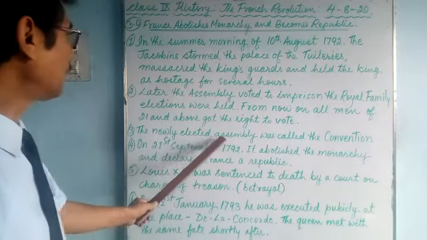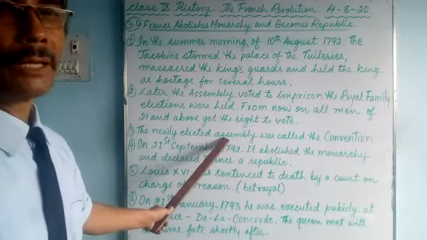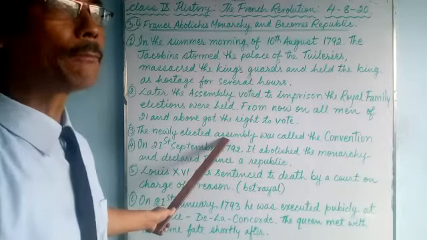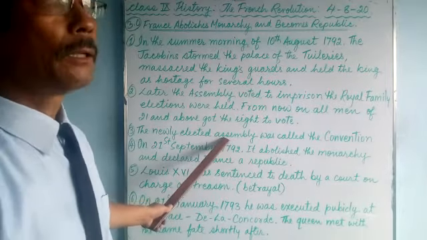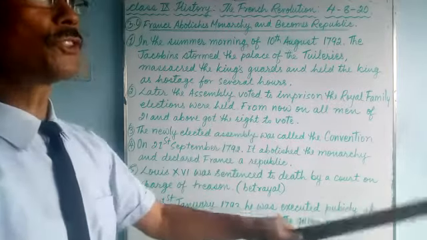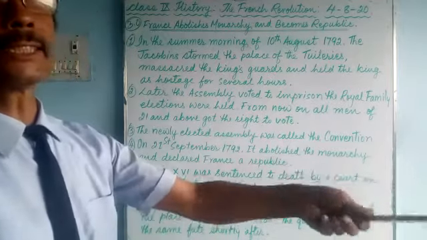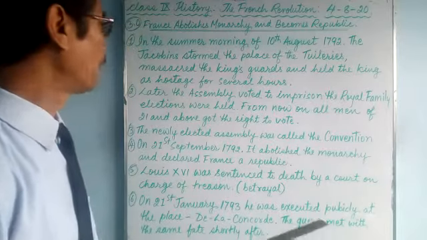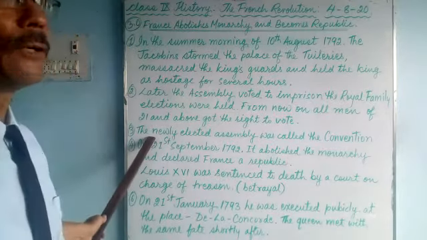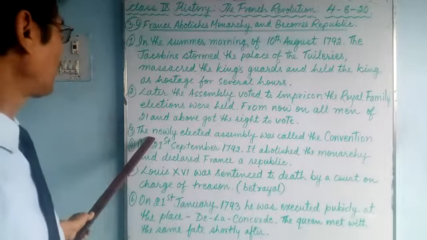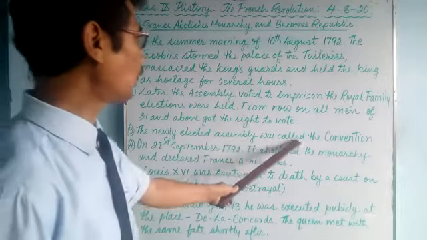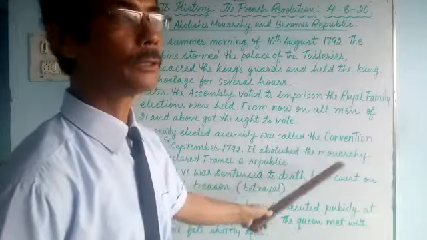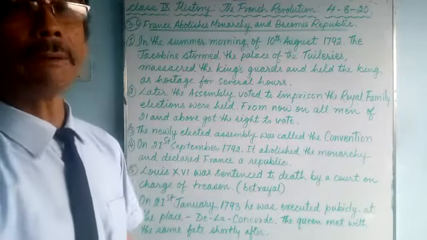Now, before, we have also talked about the National Assembly. They were not elected. They were chosen just like that, orally chosen and sent to Versailles. But now, after the king was imprisoned, a newly elected assembly was called the convention. Here you will be asked, what do you mean by convention?